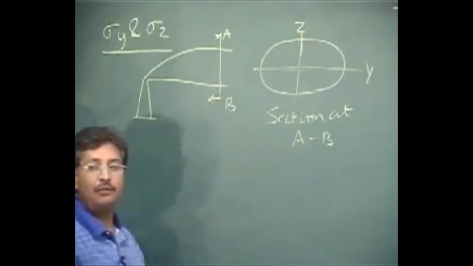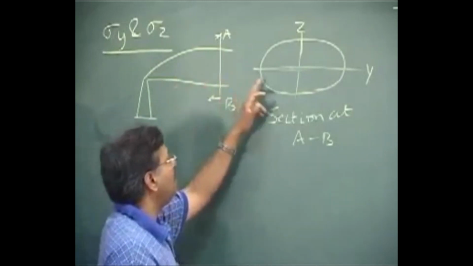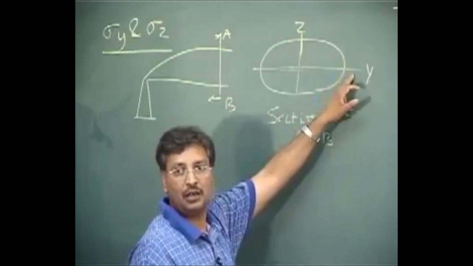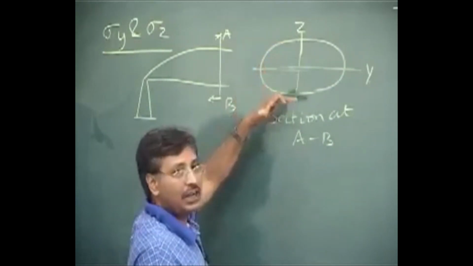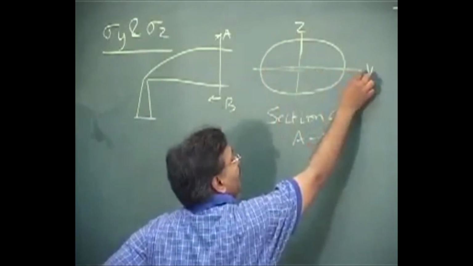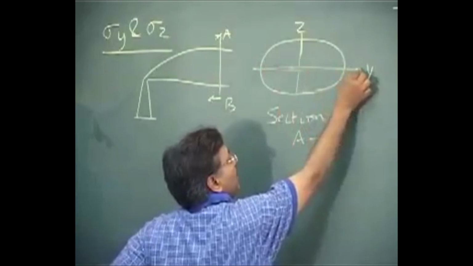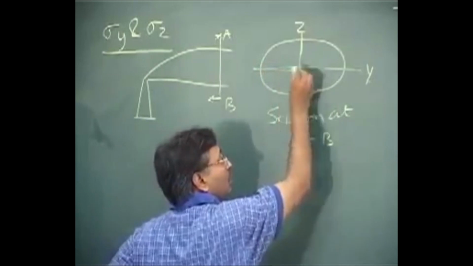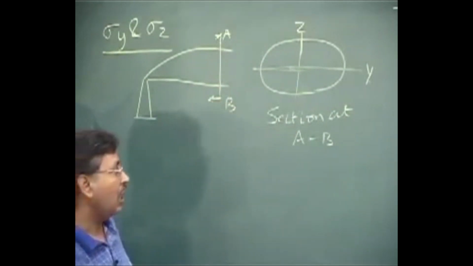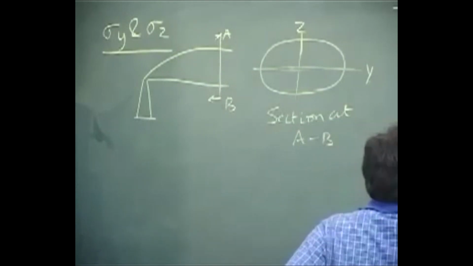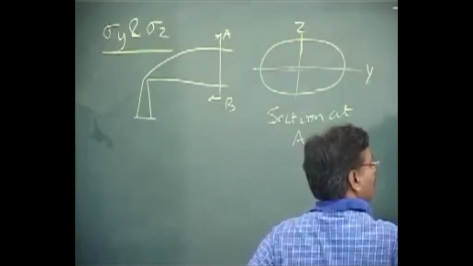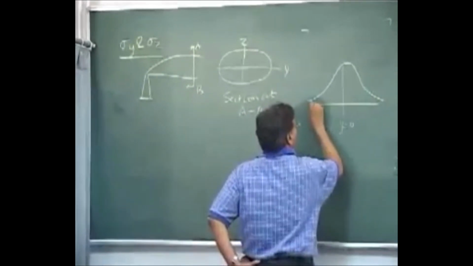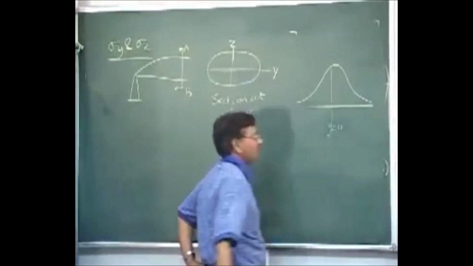Suppose I flew in an aircraft and start measuring the concentration at different places of Y, and at different places of Z. Here the value of Z is not changing on this axis, and I went up there and measured inside the plume, and then I'll get a concentration profile at Y equals 0. People have found that this is a Gaussian kind of concentration.